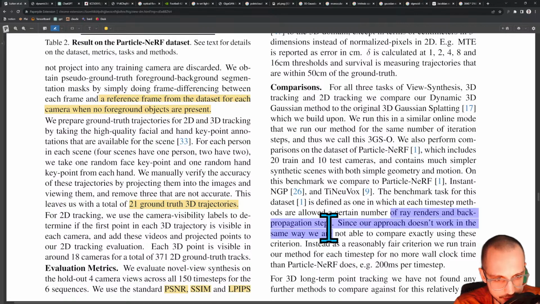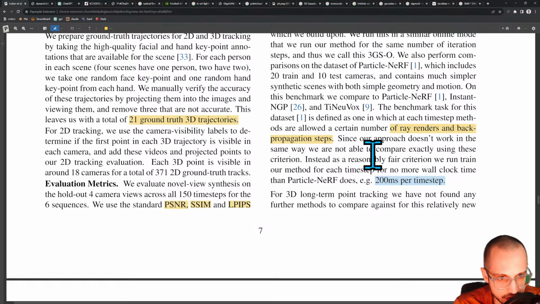So obviously with a NeRF, the more ray samples you have, the better it's going to be. So they probably clip it to a certain amount of samples along a ray, or limit it so that it takes roughly 200 milliseconds per time step, for a reasonably fair comparison.